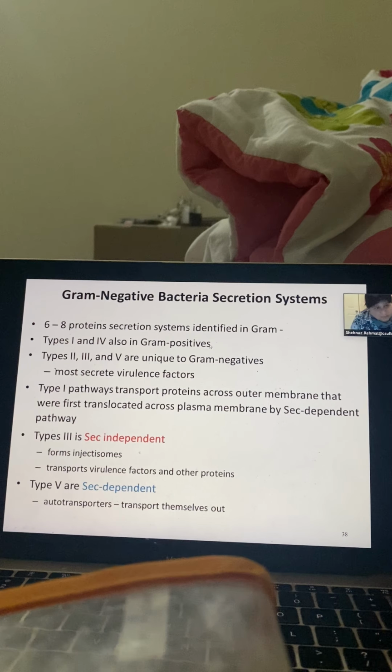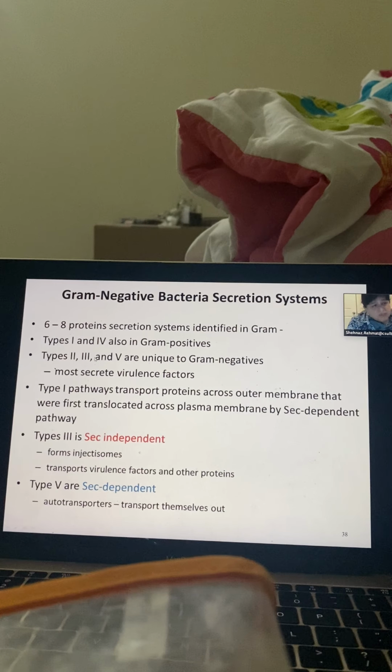Gram-positives only have the cytoplasmic membrane, but type 1 and 4 look just about the same as the outer membrane transport systems. So 1 and 4 have been looked at in gram-positives also. Type 2, 3, and 5 are unique to gram-negatives. These will only be found in gram-negatives.